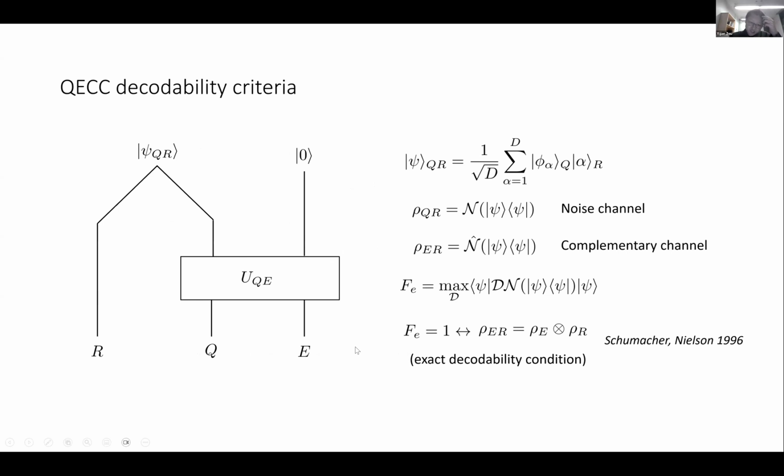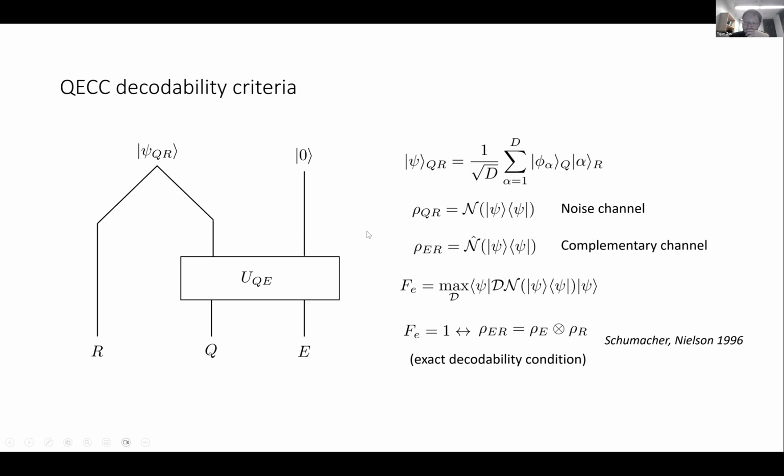Here I want to introduce the state psi_QR, which is the maximally entangled state between a reference system and a quantum system, which is the physical system of your code subspace. So phi_alpha is just a code word in your physical system, and alpha labels some auxiliary space that you call the reference, and you first create a maximally entangled state. Then you want it to go through a channel.